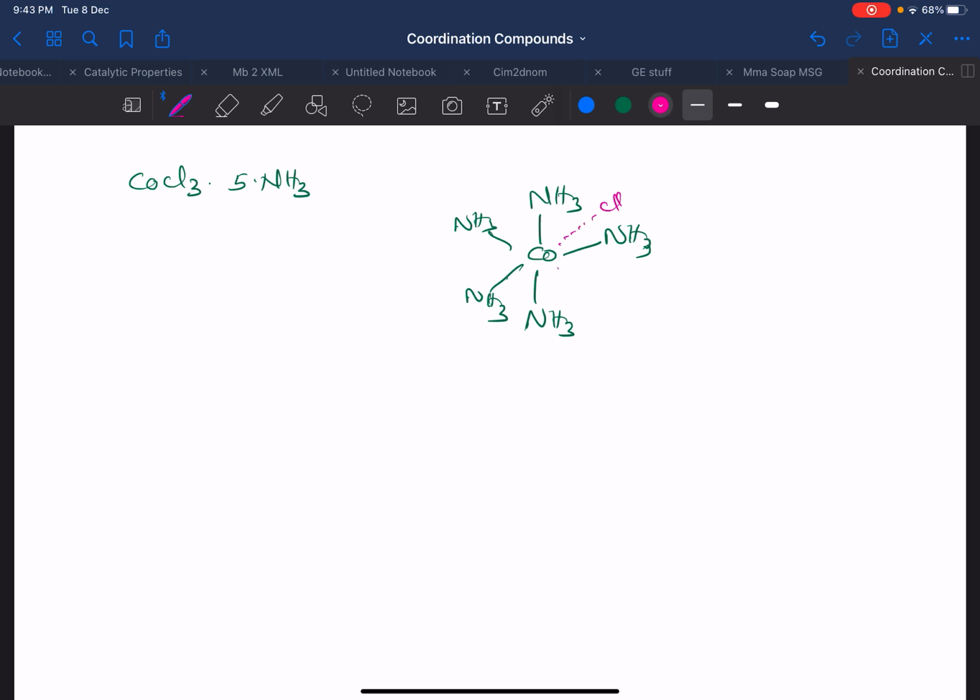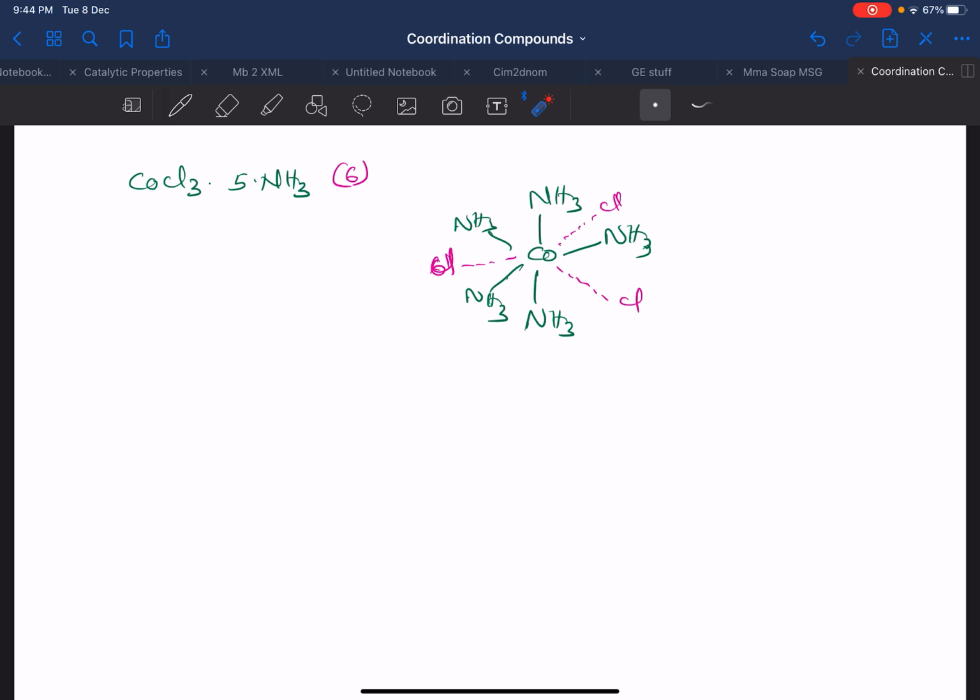Two of these are denoted with the dotted line. The coordination number of this complex is always 6, so only 5 coordinate covalent bonds are from ammonias.